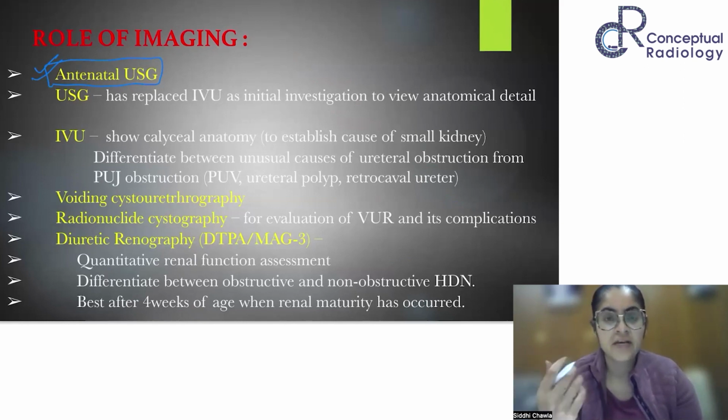There can be a condition called Potter syndrome, where there is oligohydramnios secondary to kidney diseases. We'll be covering that also. Antenatal ultrasound is that area where, if we are careful, we might not see all these pathologies in the children. So please be careful whenever you're doing the antenatal ultrasound.